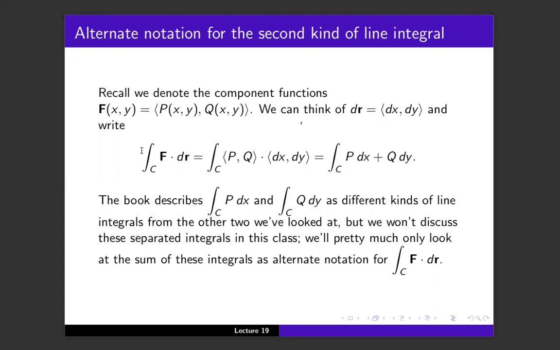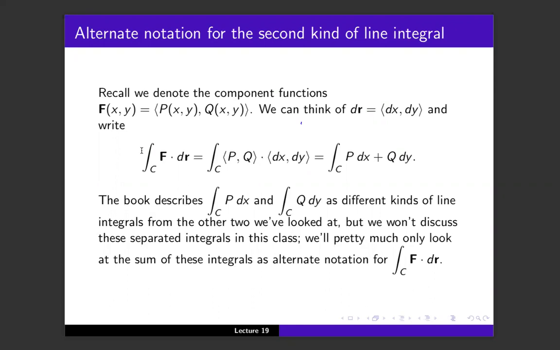And we write the whole thing as F dot dr equals P, Q dot dx, dy, which just becomes the integral over C of P dx plus Q dy, which is a little strange. The book describes P dx and Q dy as two different line integrals, separate from the other two that we've already looked at. But we're not really going to discuss these separated integrals very much. We're only going to look at the sum of the integrals as an alternate notation for the integral over C of F dot dr.